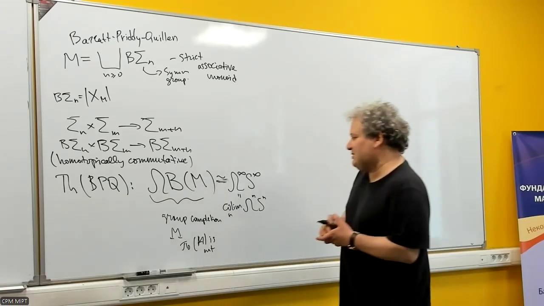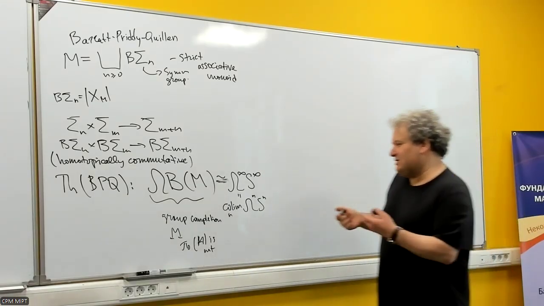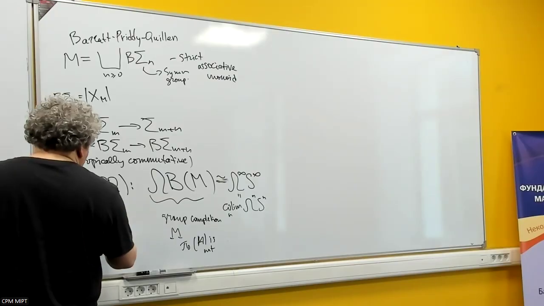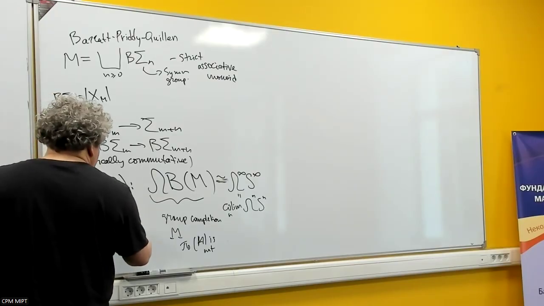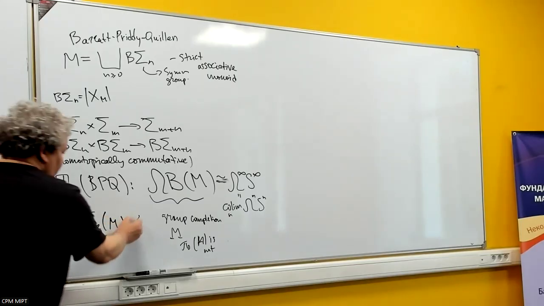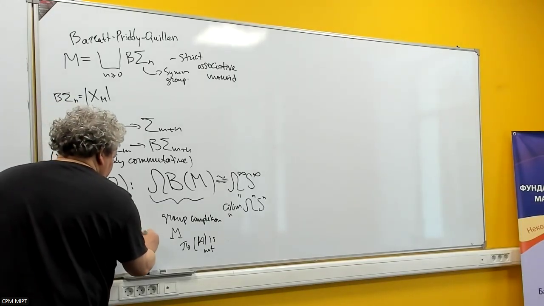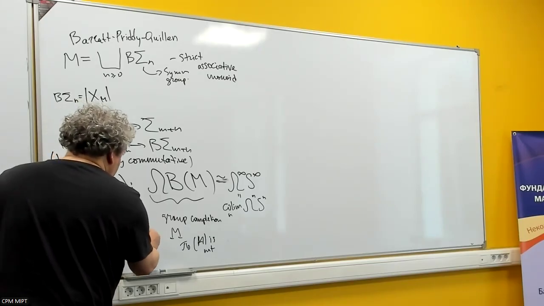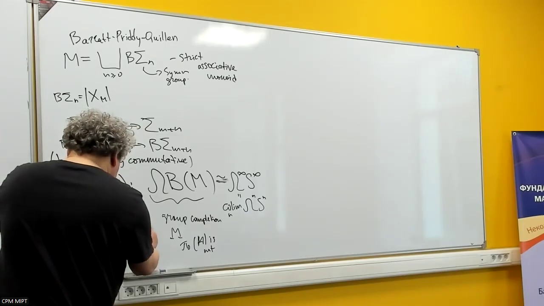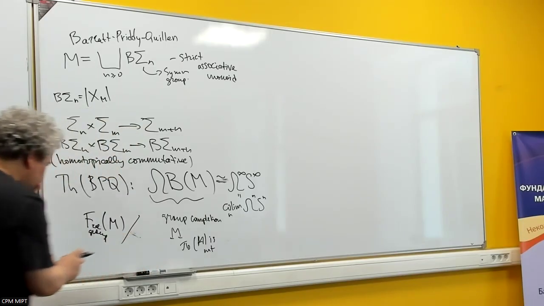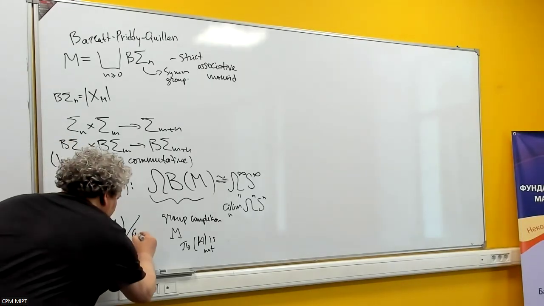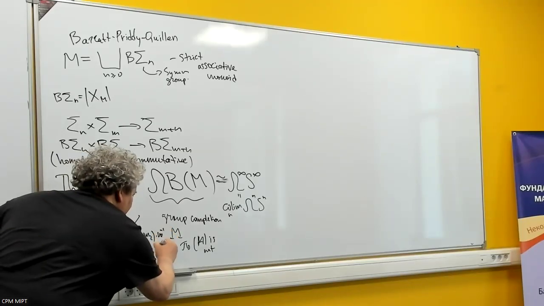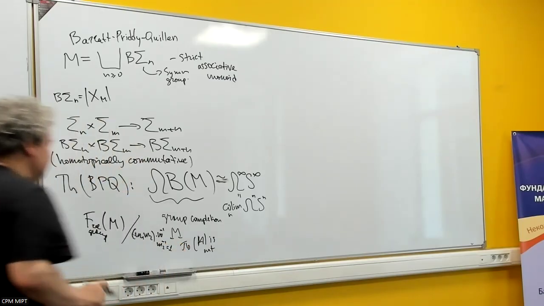For example, if we had a discrete monoid, then this construction is something like you take the free group generated by this monoid, and then you take the quotient by relations that for m1, m2 in the monoid, m1^-1 m2^-1 is equal to identity, something like that.